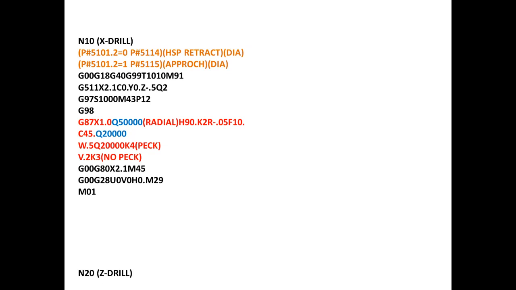So actually at this line, your X-axis will come down to 2-inch diameter rapidly, and then start pecking 500,000 per side, which means 1 inch per diameter. In this case, we are starting from 2-inch diameter to 1-inch diameter, and because the Q value is a half inch, there's going to be no pecking cycle. It will just go straight down.